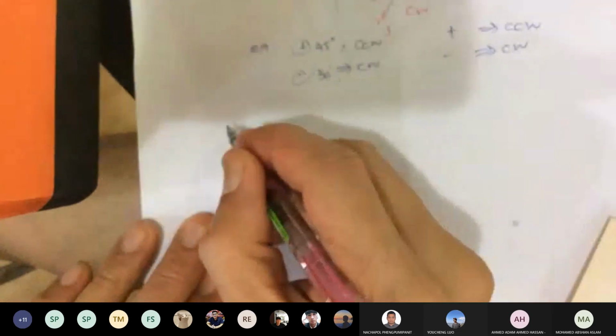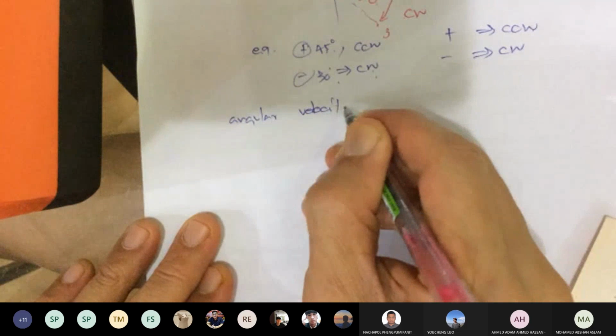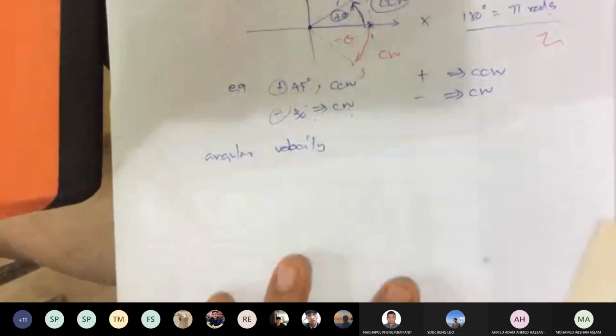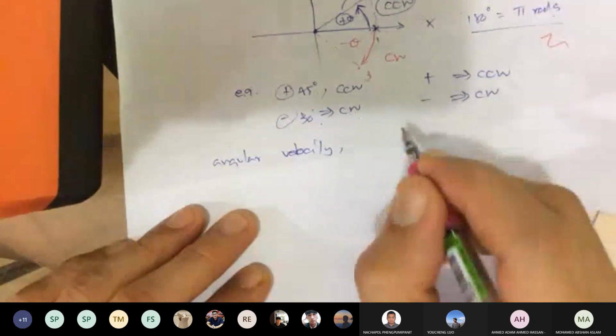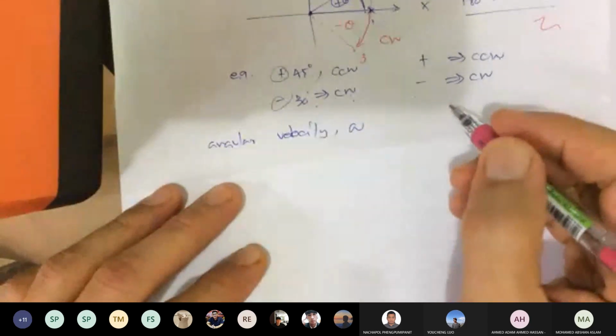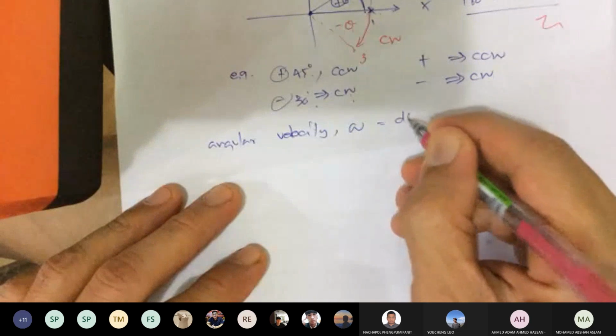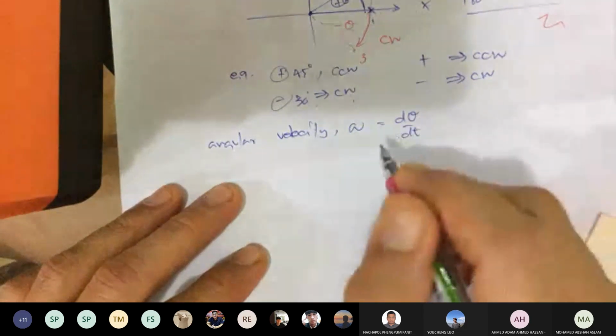Okay, next up is angular velocity. Again, the symbol that we use is omega. It's the rate of change of angular position with respect to time, d theta by dt.